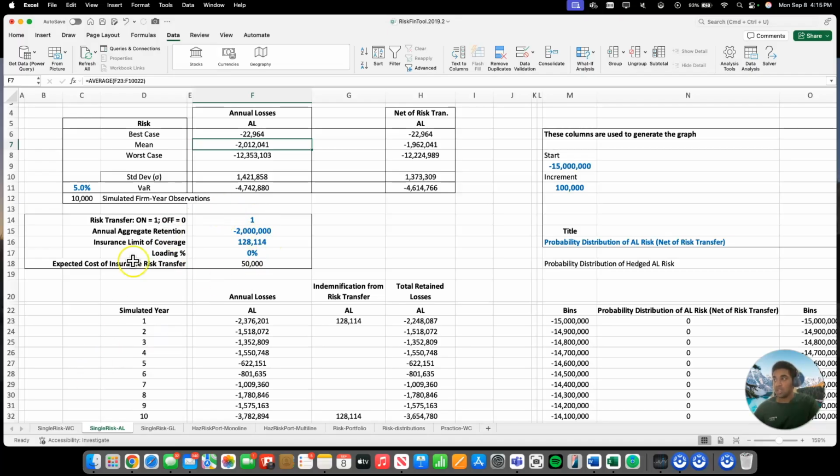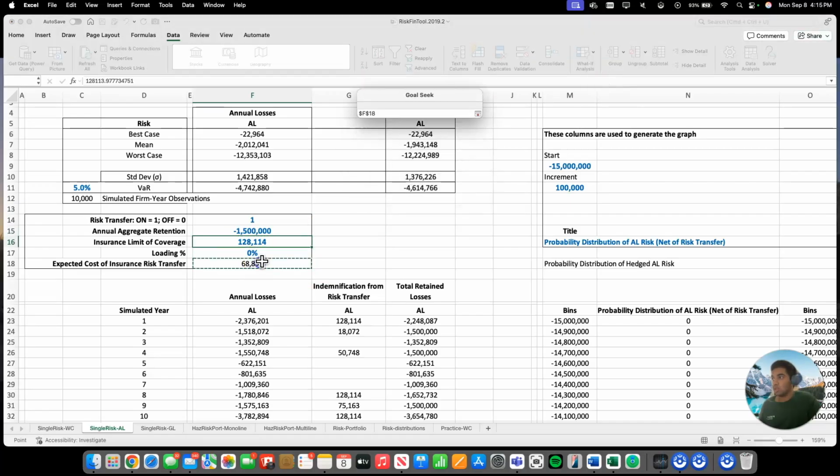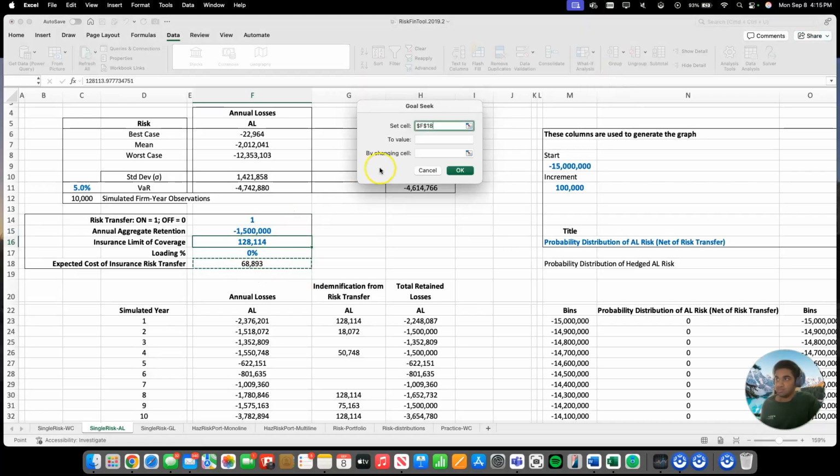Now, I'm doing this on the fly here, so let's see what happens. If you had maybe negative 1.5 million, right? And you wanted this number to be 50,000. Let me just make sure that I selected the right one.